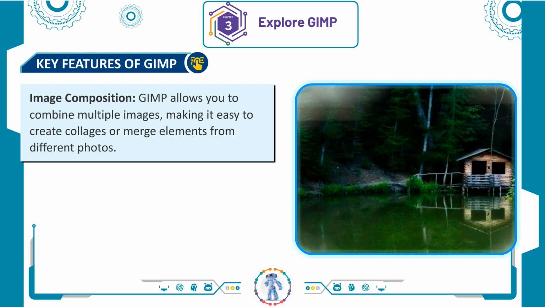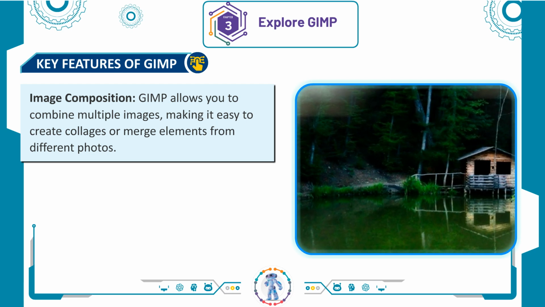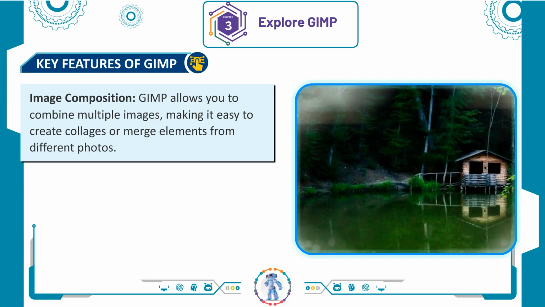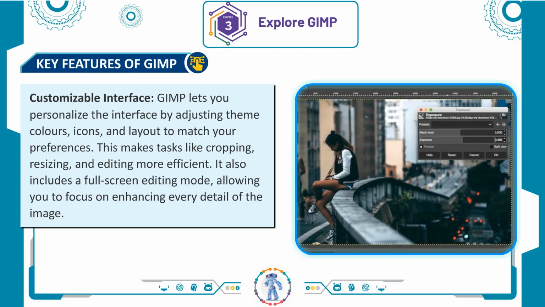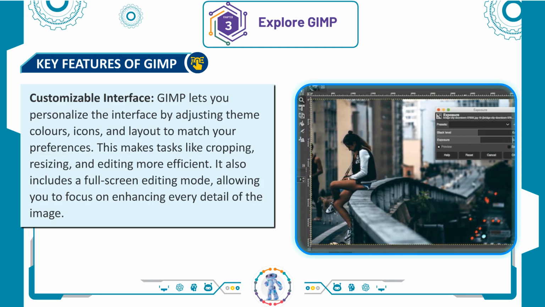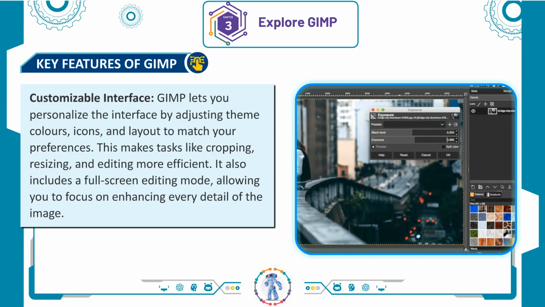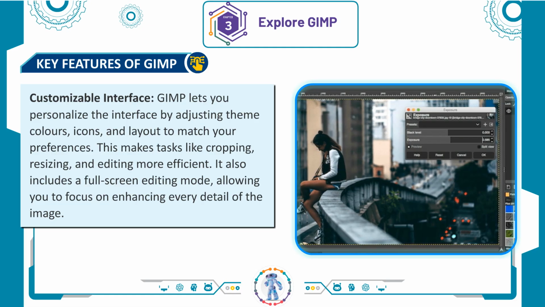Image composition. GIMP allows you to combine multiple images, making it easy to create collages or merge elements from different photos. Customizable interface. GIMP lets you personalize the interface by adjusting theme colors, icons, and layout to match your preferences. This makes tasks like cropping, resizing, and editing more efficient.